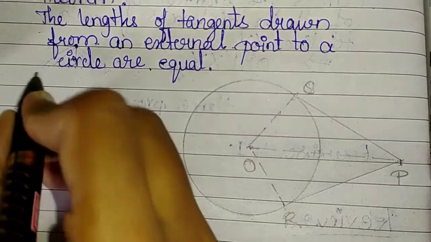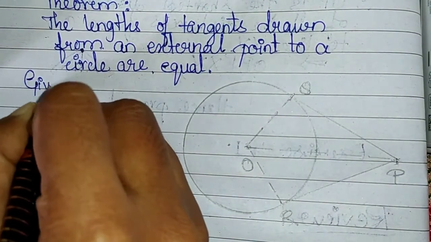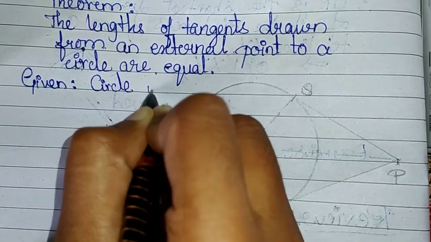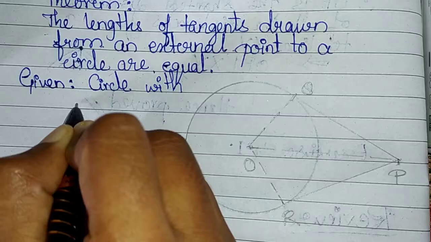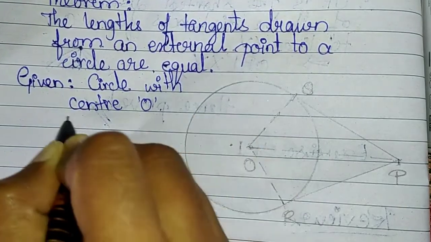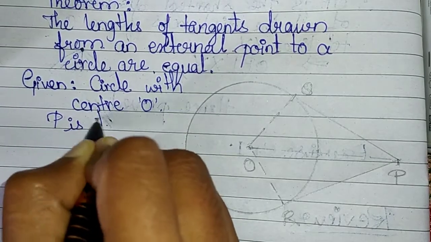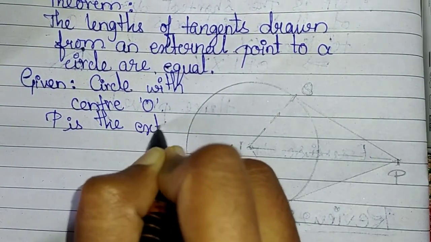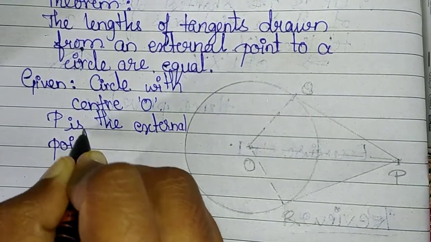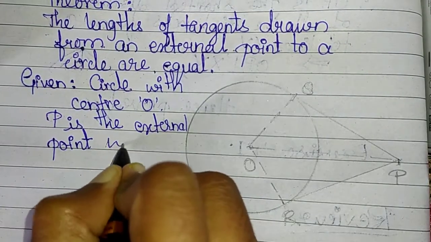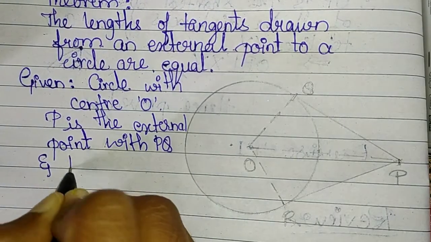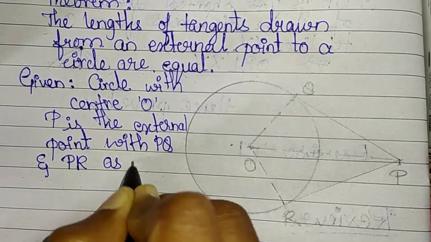So first let us write down the given. Circle with center O, P is the external point, with PQ and PR as tangents.